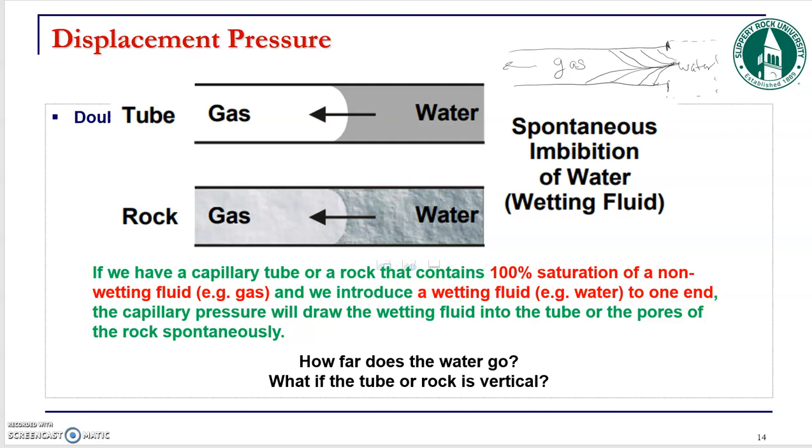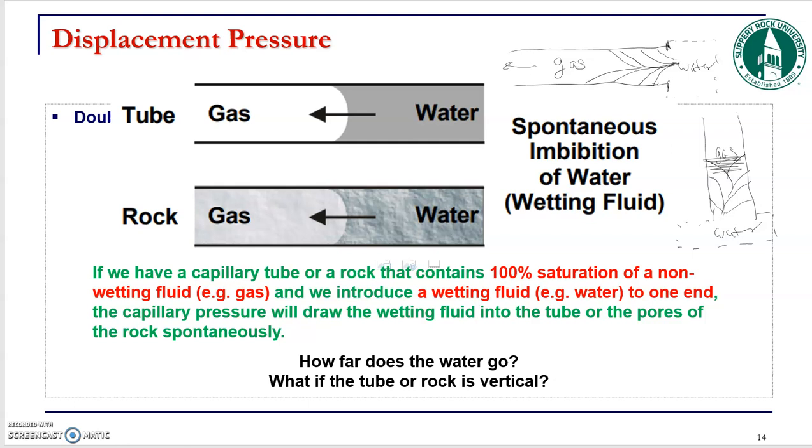Now, what if you had a vertical pore like this, with gas in it, and then you introduce the water at one end? Will it go all the way to the top and displace all the gas? The answer is no, right? It will wet the surface and try to rise inside this tube, but it will stop at some point.